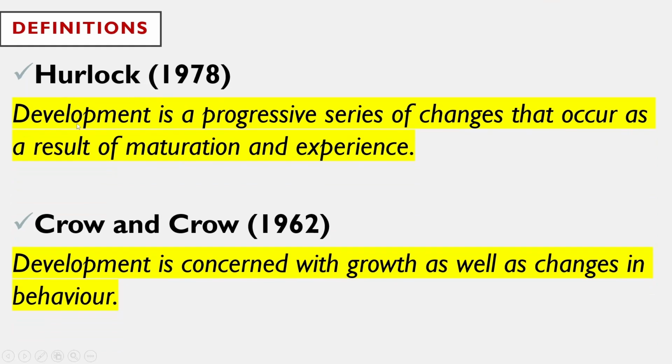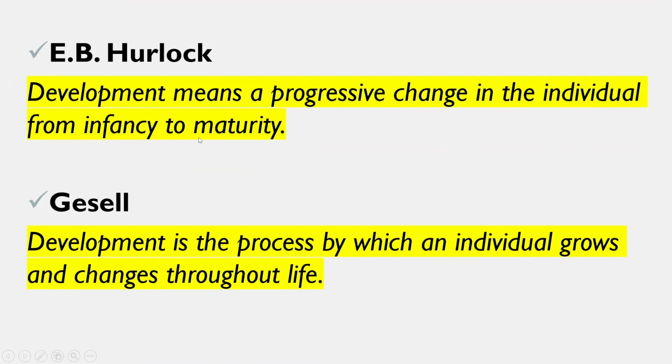Definitions given by Hurlock: development is a progressive series of changes that occur as a result of maturation and experience. Crow and Crow ने कहा it is concerned with growth as well as changes in behavior. Hurlock ने कहा it means a progressive change in the individual from infancy to maturity. Gesell ने कहा it is the process by which an individual grows and changes throughout life.